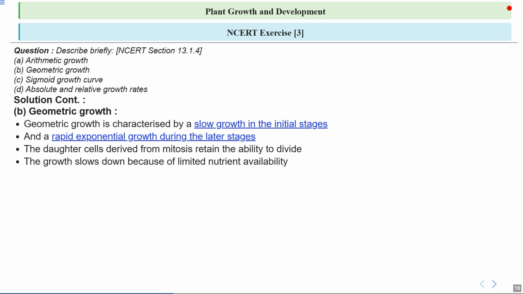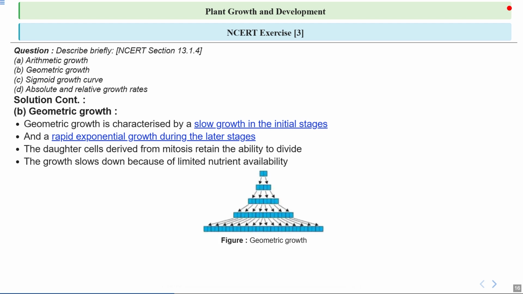The growth slows down because of limited nutrient availability, because resources are limited. So after the exponential period, the growth slows down due to depletion of the resources. This is the picture showing geometric growth.